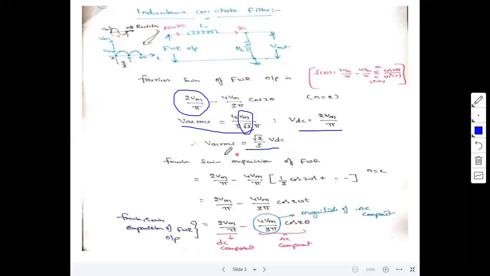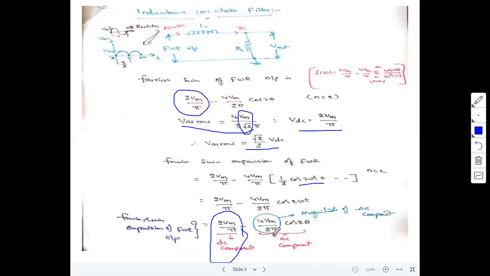Now the Fourier series expansion of the full wave rectifier, considering n equal to 2, is 2 Vm by pi minus 4 Vm by pi, 1 by 3 cos 2 omega t, or 2 theta in some textbooks, instead of omega t. The concept is the same. The first term, 2 Vm by pi, represents the DC component.